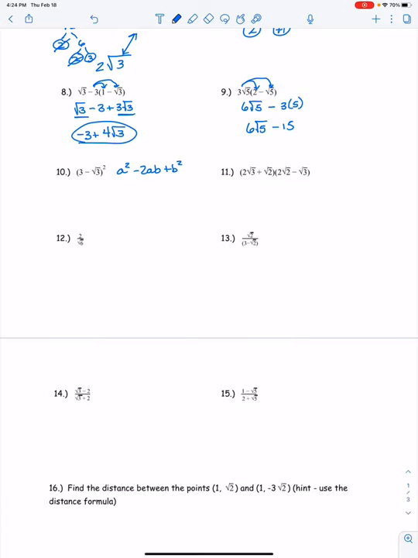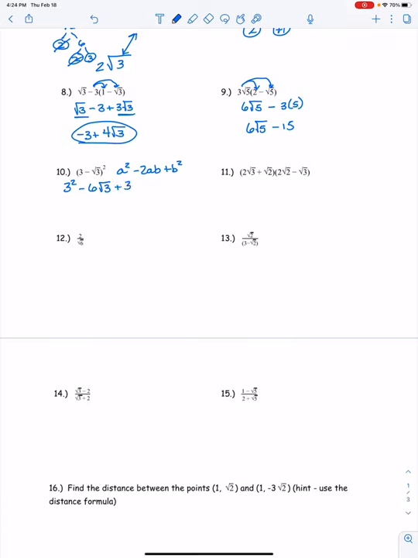Okay, so my a is 3, so I'm going to have 3 squared. My b is negative the square root of 3 times 2, which is going to give me negative 6 the square root of 3. And then the square root of 3 times the square root of 3 just gives me 3.